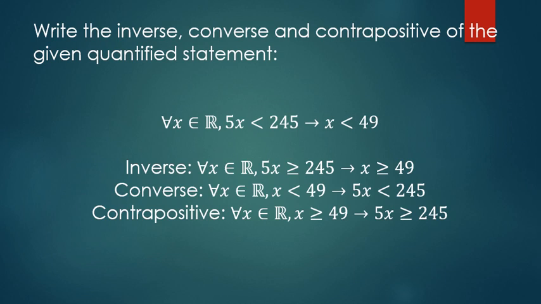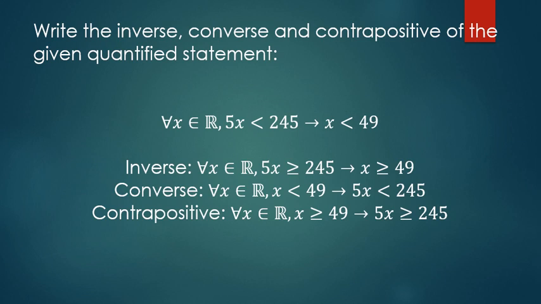Now, why is that the case when we're talking about a conditional, or it's presented as a conditional, when we know that a given conditional and its contrapositive are logically equivalent, and the inverse and the converse are logically equivalent, but between those, they're not necessarily.